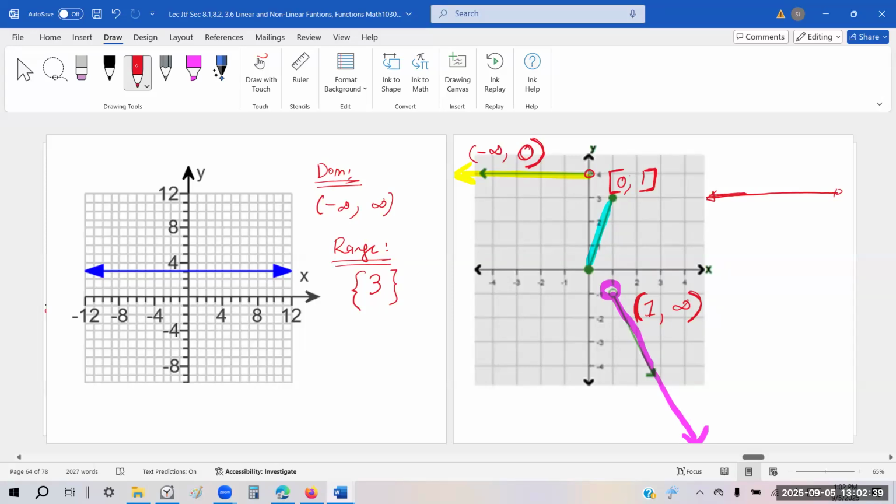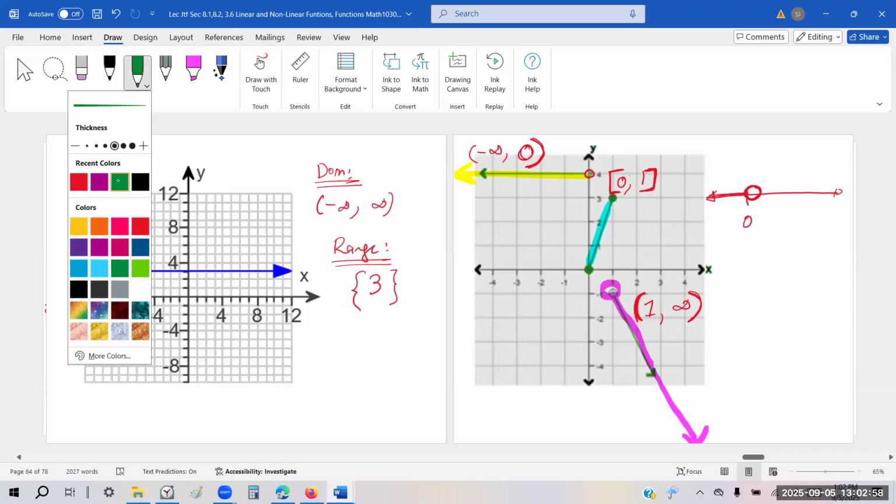It started its journey from negative infinity, goes to 0, but when it reached 0, it got lonely because it became empty, right? And now it started its journey again. So let me change the color.